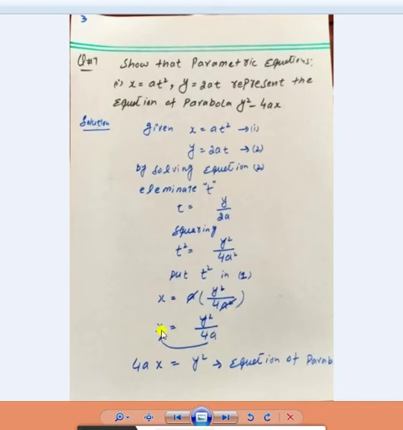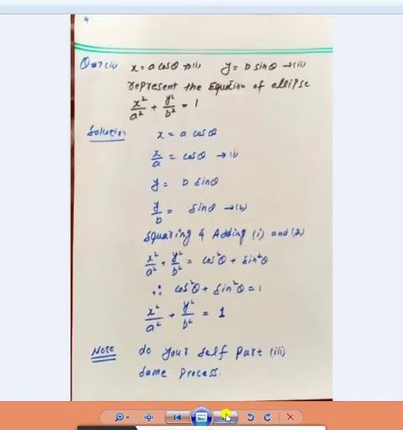So we have x equals y squared divided by 4a, 4a will be multiplied here, and finally we have 4ax equals y squared. This is a quadratic equation, and this is the equation of the parabola. Students, you will learn later briefly and deeply about the parabola, hyperbola and the ellipse.